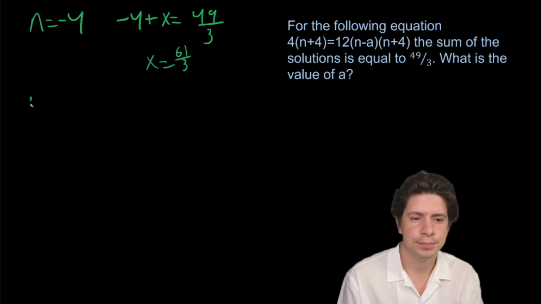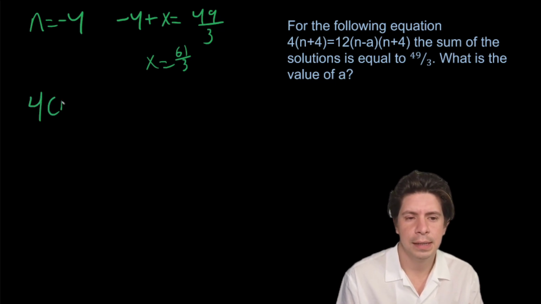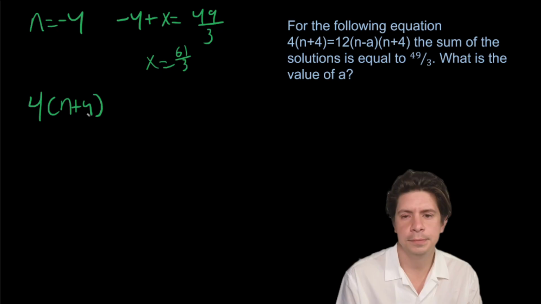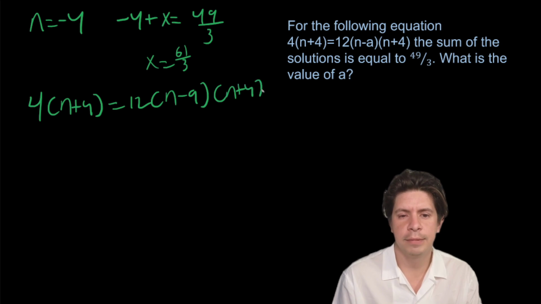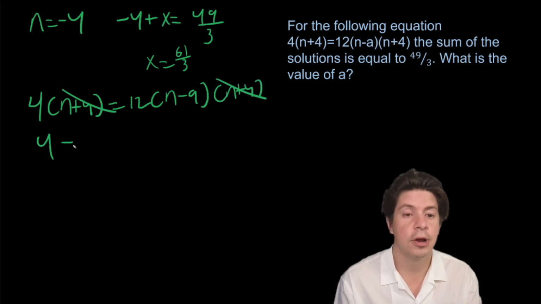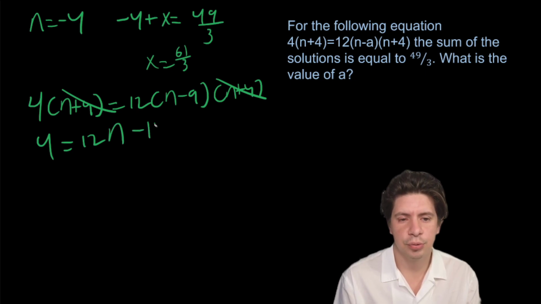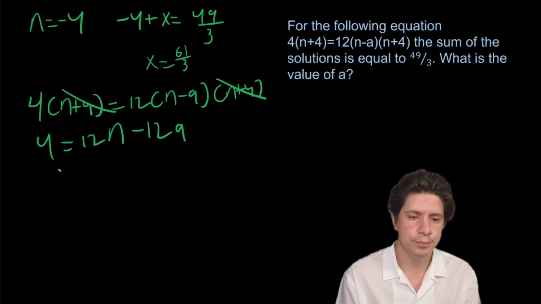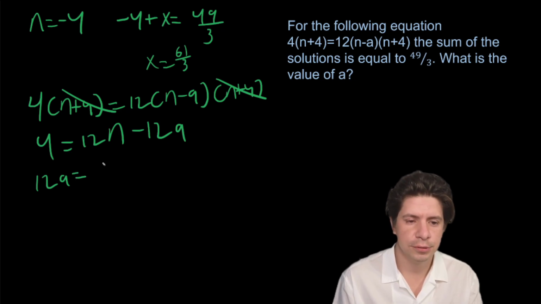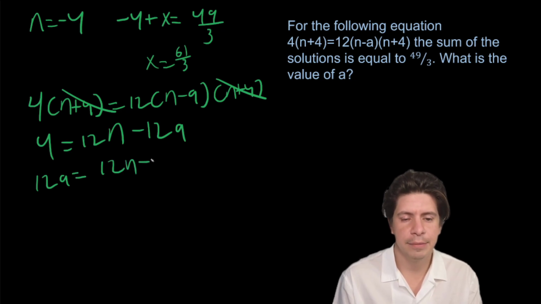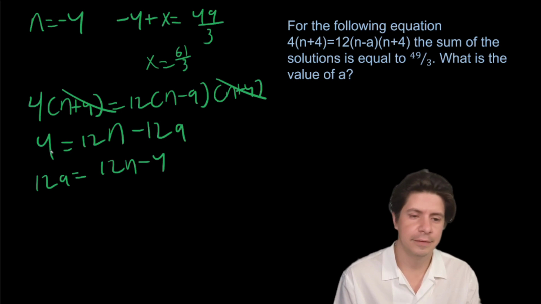So we'll do 4n plus 4 equals 12n minus a, n plus 4, and I'm going to cancel out the n plus 4's. They're on each side, so we get 4 equals 12n minus 12a. So 12a is going to equal 12n minus 4 when you subtract the 12n and divide by negative 1.